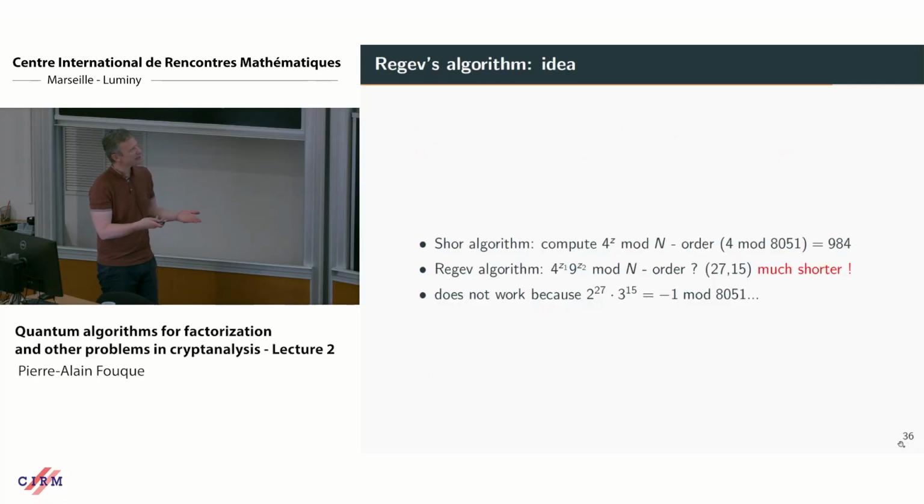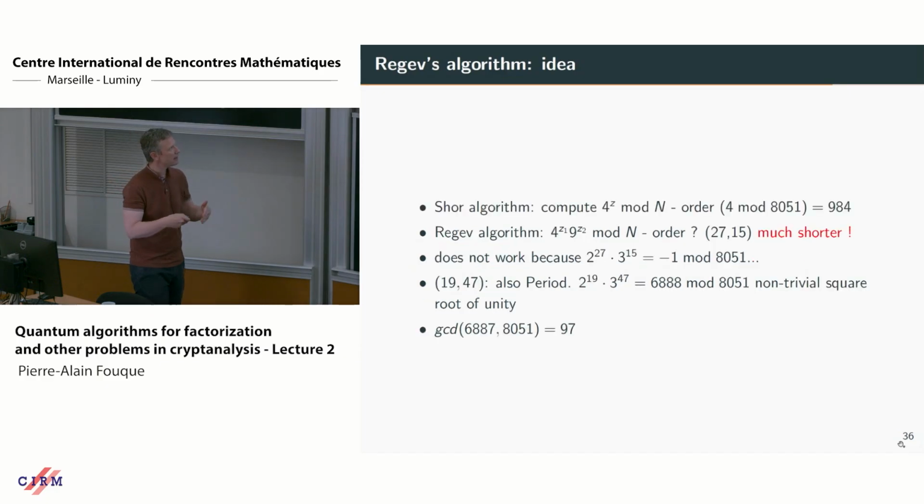Okay, but in my case, you can see that sometimes it does not work. And exactly it's the case here. I obtain -1. And -1 is a square root of unity, but it's not a non-trivial square root of unity. However, it's not a big deal. I can try to find another period, and I can find that one. So it's not as short as this one, but it's also short. And in fact, here, I recover something that allows me to factor.